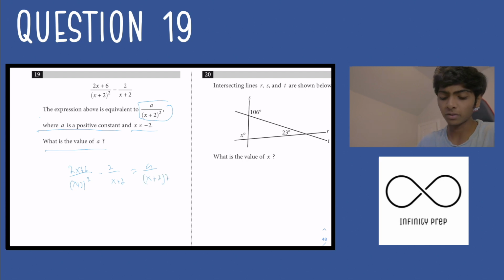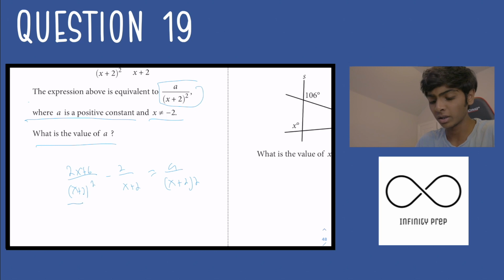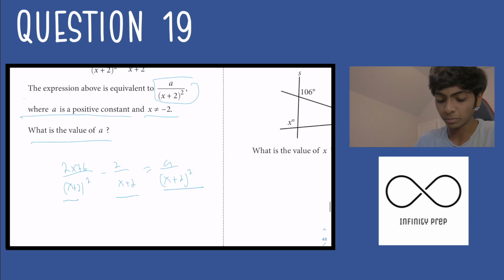To do this, all we really have to do is notice how the denominator here matches up with this, but it doesn't over here. Sorry, let me rewrite that. To get this to match up with this, we just have to multiply by x plus 2. Whatever we do to the bottom, we have to do to the top.